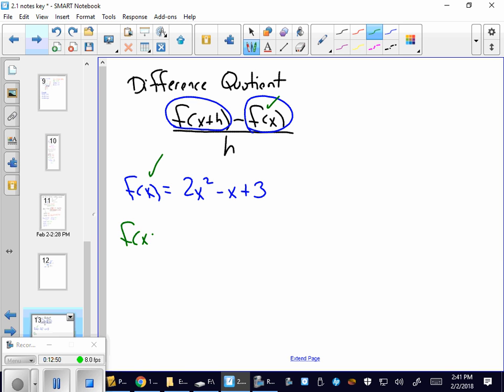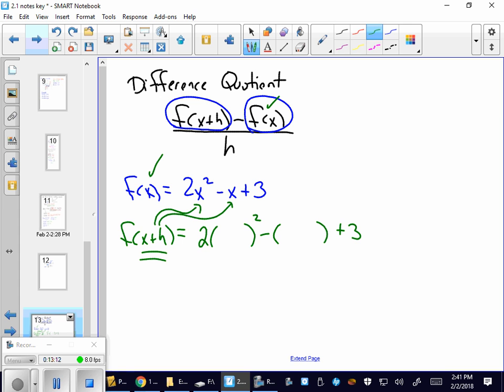F of x plus h, remember, is taking this x plus h, this stuff, and I'm going to plug all that in for all of my x's here. So let's do that. 2 parentheses, something squared, minus parentheses, plus 3.